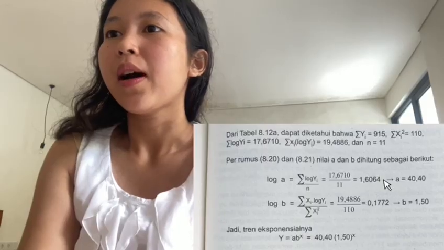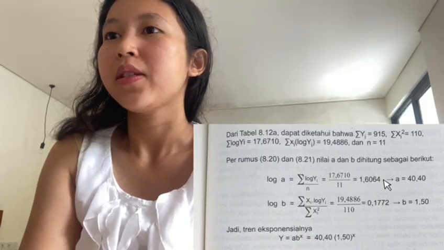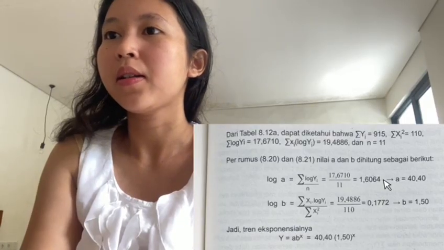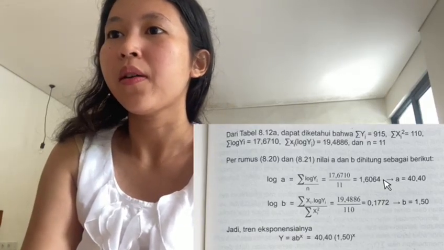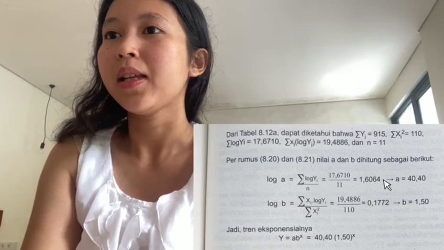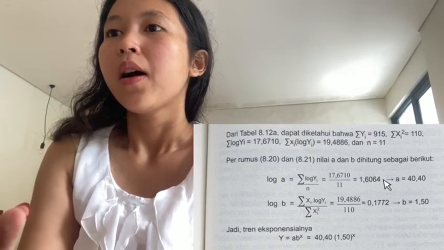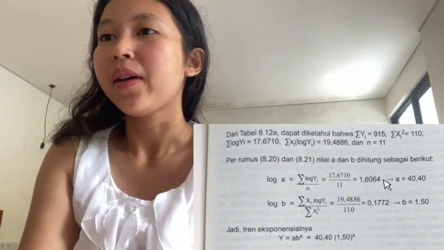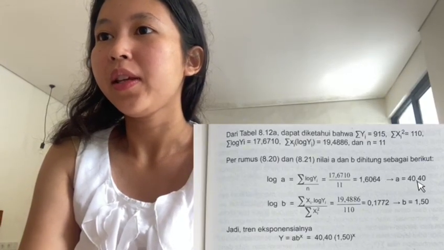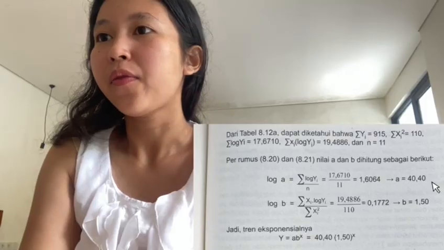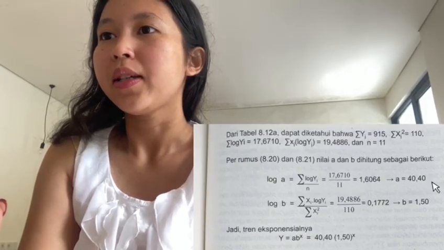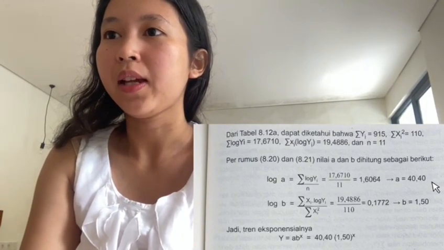You need to pay attention because this value is not the real value of a, because it's still in the form of log. So the exact value of a is 40.40. You can check it on the calculator.